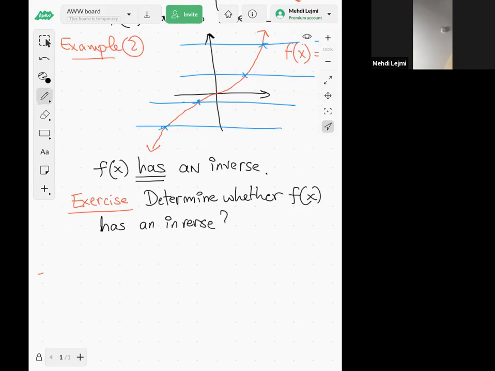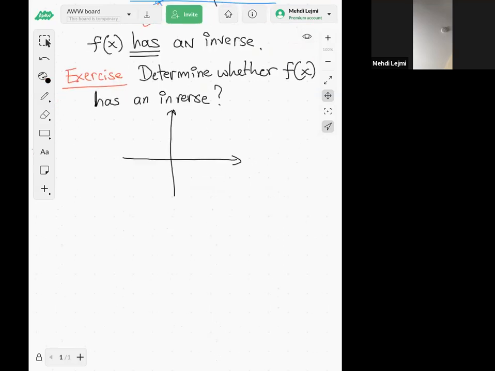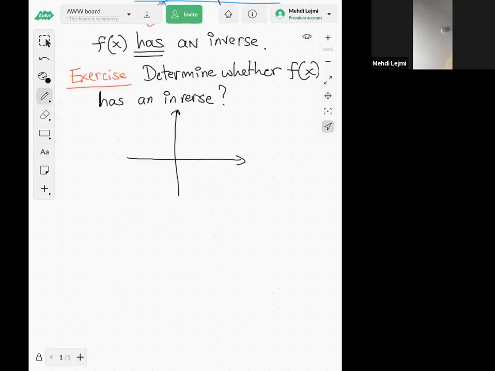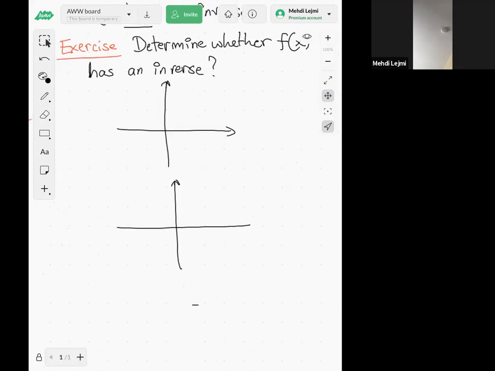So this is my first, number 2 and number 3. So number 1, 2, 3.